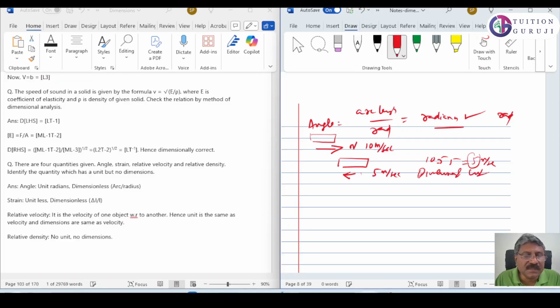Then relative density. Relative density is the ratio of 2 densities. Therefore, it has no unit and it has no dimensions. So our question here is, which has a unit but no dimension? That is angle.